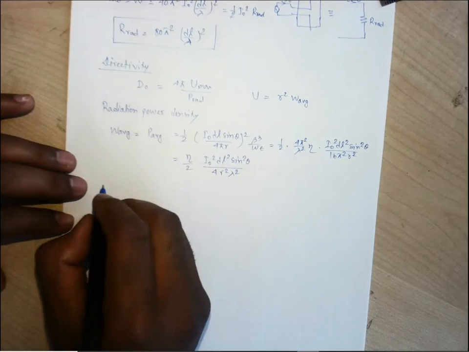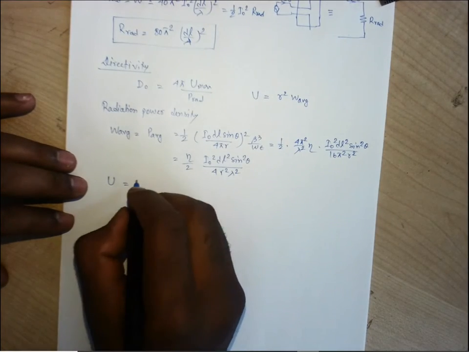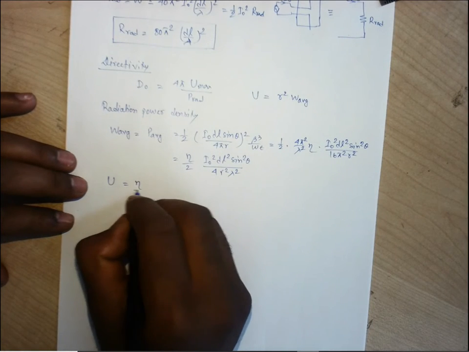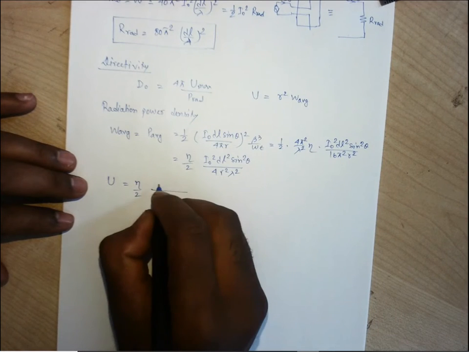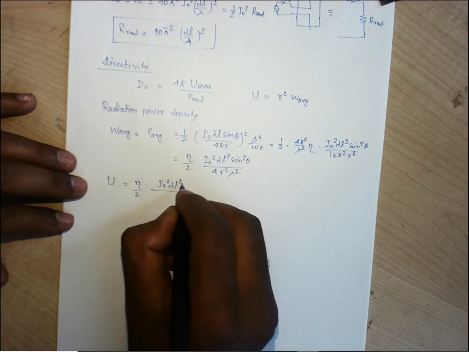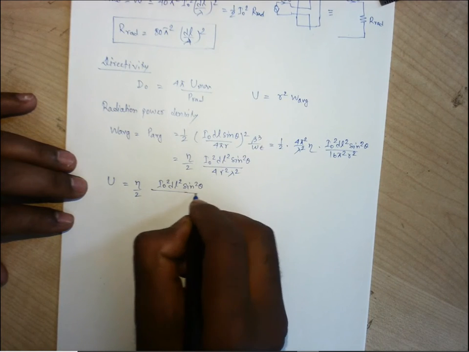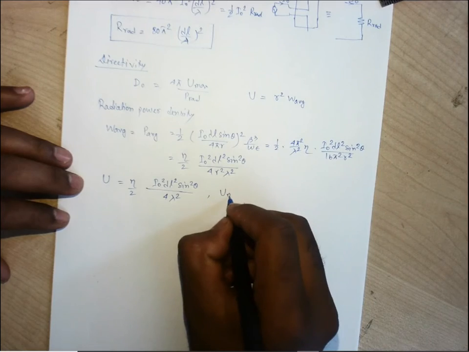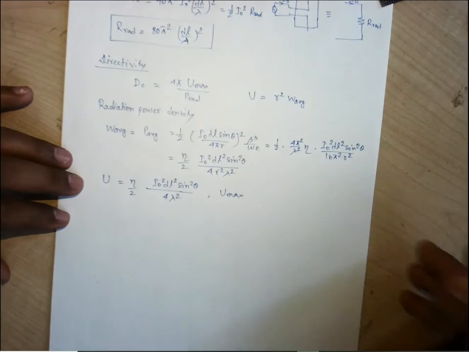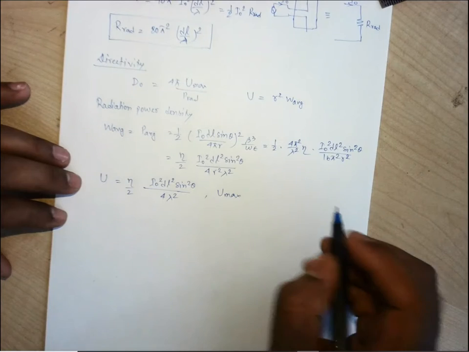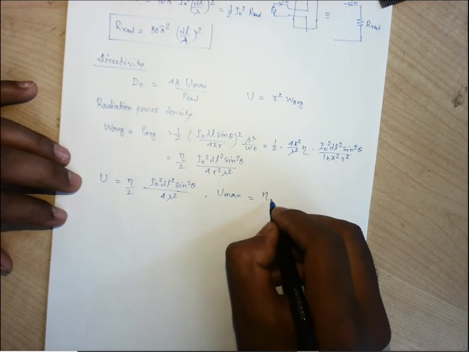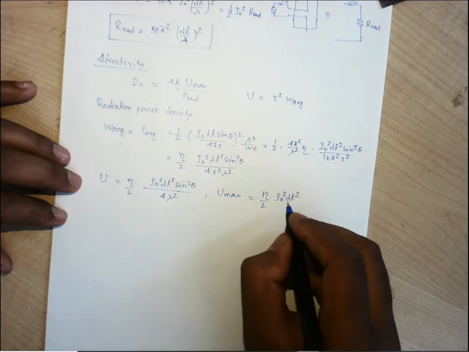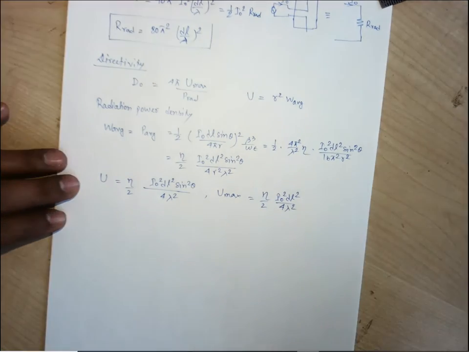So what will be this radiation intensity? U is r square into W. So this r square will get cancelled, and it will be eta by 2 I naught square dl square sin square theta by 4 lambda square. What will be U max? Because we need this U max. For U max, this sin square theta will become simply 1. So it will be eta by 2 I naught square dl square by 4 lambda square.